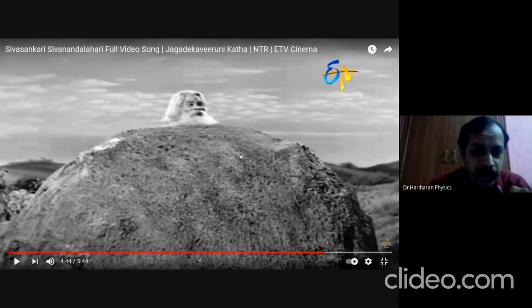Then the sage tells him that even if you bring a big metal and hit this rock, it will not break. But what one can do is, there are a couple of musical instruments below a tree in front of this stone.